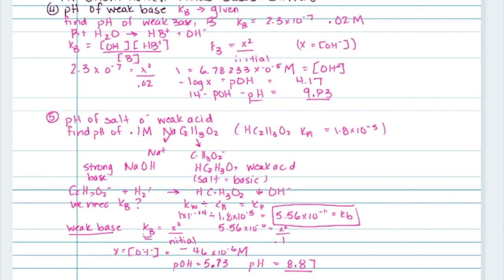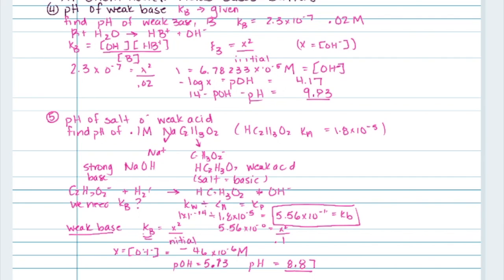If they ask you to find the pH of a salt of a weak base, for example, if they give you a question that says find the pH of 0.3 molar ammonium chloride, and they tell you that ammonia has a Kb of 1.8 times 10 to the minus 5.